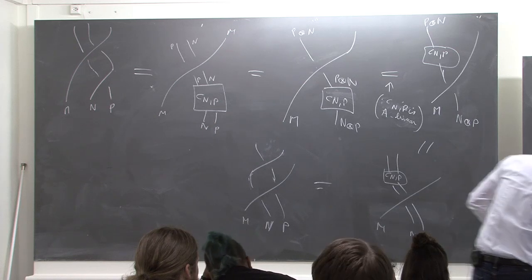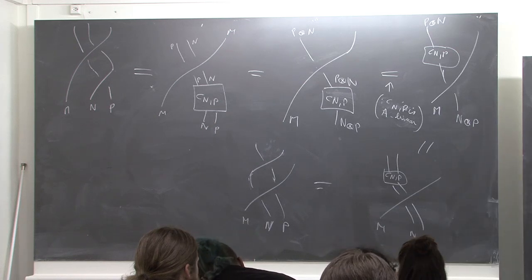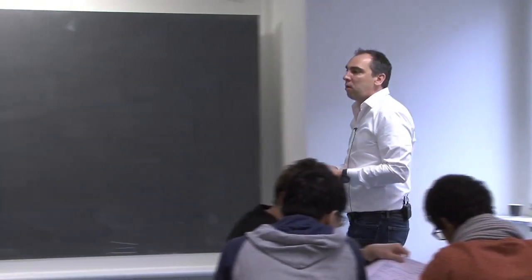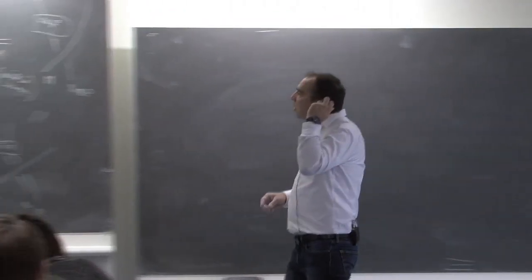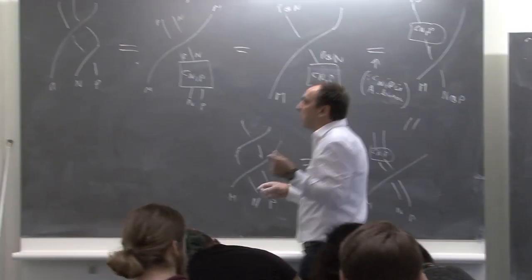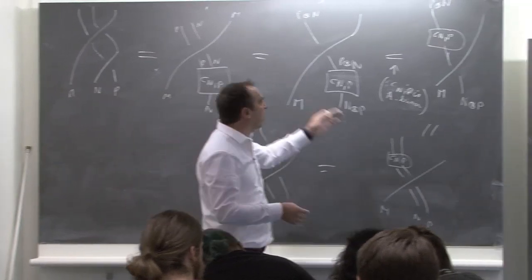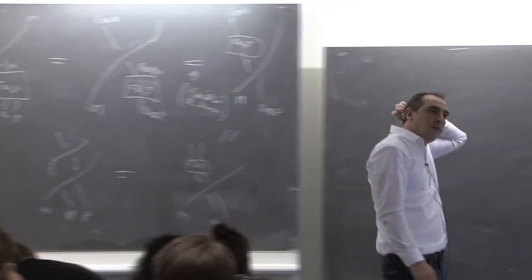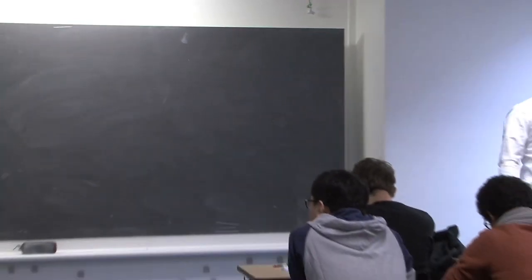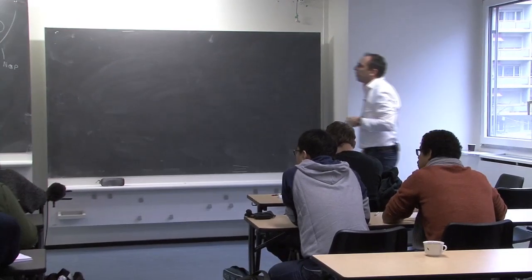Now, as you can imagine, the question is: how do you obtain R matrices? We obtain solutions of the Yang-Baxter equation from R matrices. So how to produce R matrices?